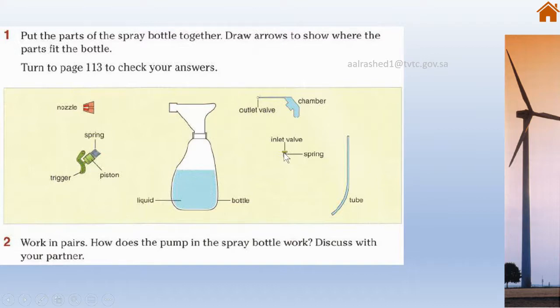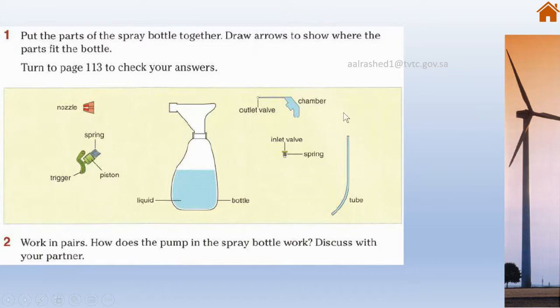Spring also, as you can see, is stretchable and flexible. It can go up and down. Just imagine that if you squeeze it, compress it, and release it, it will just go up.